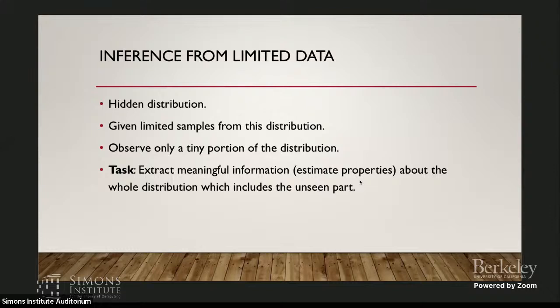With these limited samples, you don't hope to learn the distribution, since you only get to observe a tiny portion of it. The task we are interested in is, can we extract some meaningful information about the whole distribution, which also includes the unseen part?